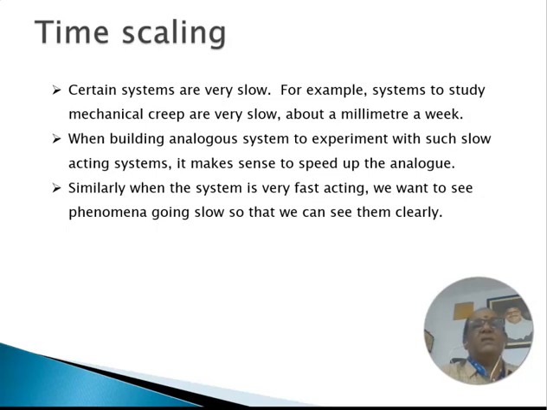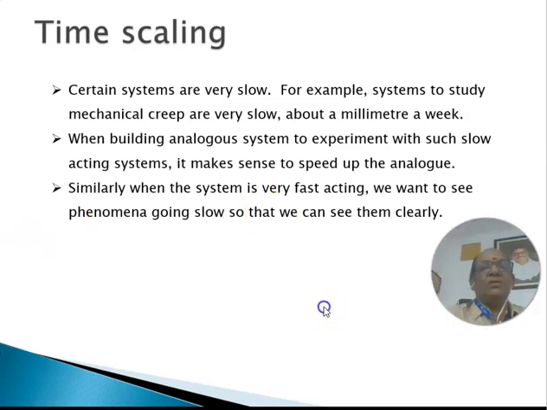In such systems, we want to slow down the electrical analog. So when the mechanical system is very slow, you want to make the analog faster. On the other hand, if the mechanical system is very fast, you want the corresponding electrical analog to have dynamics in such a way that we can see it clearly.